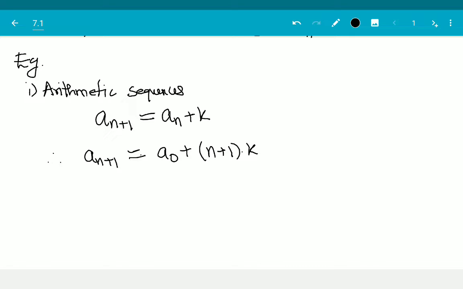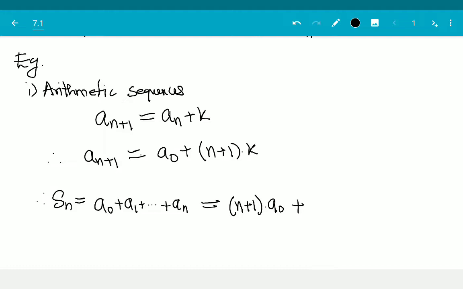And so if I sum up all the a_i's from 0 to n, therefore S_n is equal to a0 plus a1 plus all the way up to a_n. Well, there are n plus 1 a0s, right? n plus 1 times a0 plus I'm going to get 1k here, 2k here, 3k here, 4k here, all the way up to nk.